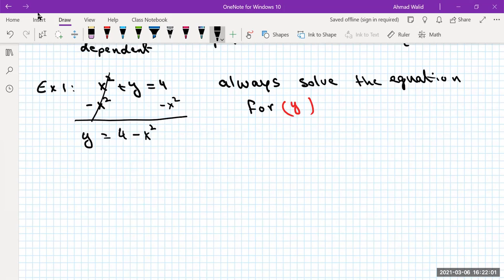Now, how to know that this equation represents a function? Just check by plugging a few numbers into the equation using a table, just a few numbers, and see if you get repeating x.